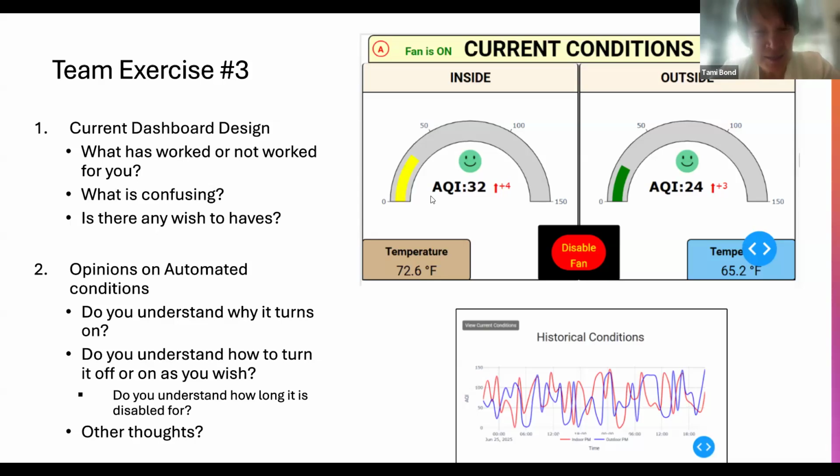That's kind of my reaction. I really like the inside outside. It's just like a great glimpse, but then what I don't understand is why the thing is running, and I feel like if it communicated more about that somehow, it would be good. I mean, if it's green outside, right? But if it's yellow inside, that's why.